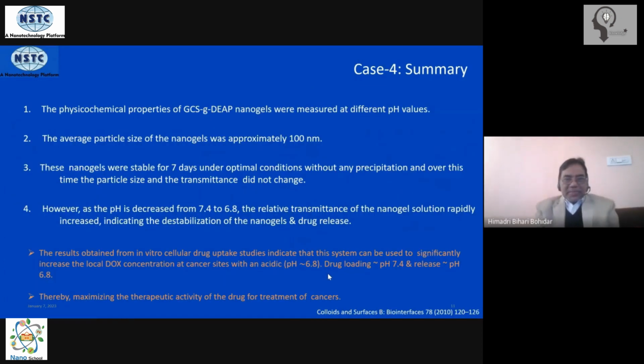So whatever we have seen in the last few slides, that we have successfully made a nanogel which can be used for delivery of drugs to the cancer site just by altering the pH, which naturally happens inside the physiological system. And drug delivery at the site or bioavailability of the drug is quite high. So this will increase the therapeutic activity of the drug for the treatment of cancer. This is the hypothesis from this work.